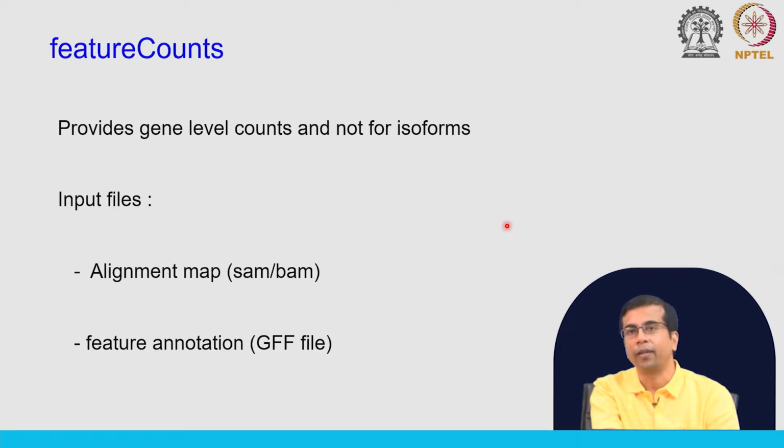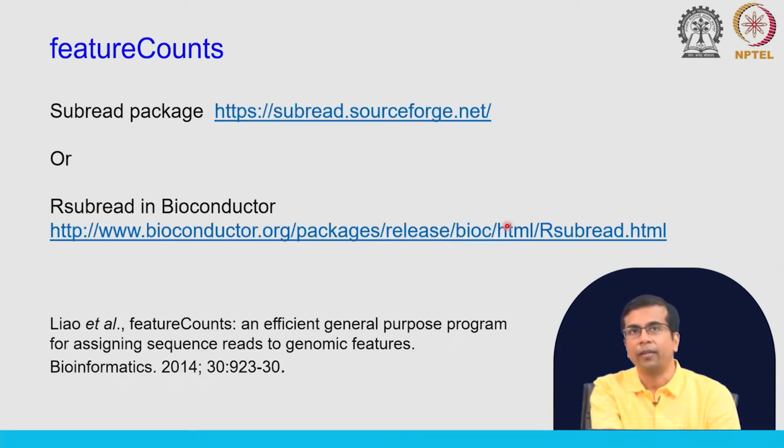So, again here the input files are the alignment map, SAM BAM file, and then the feature annotation file, which is the GFF file. Okay. And here is the package which you can download and use, or you can get from R in Bioconductor. So, again, if you are not familiar with R, you can simply go with the Subread package and download and use that package.